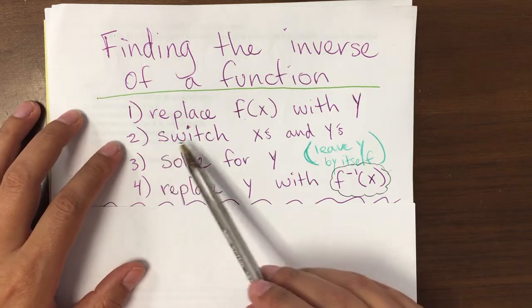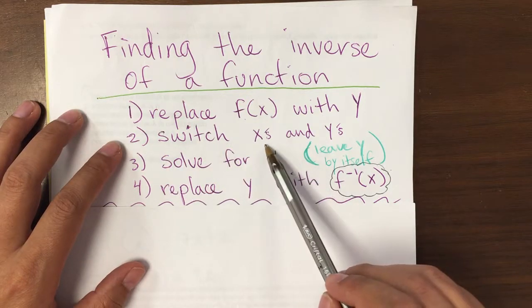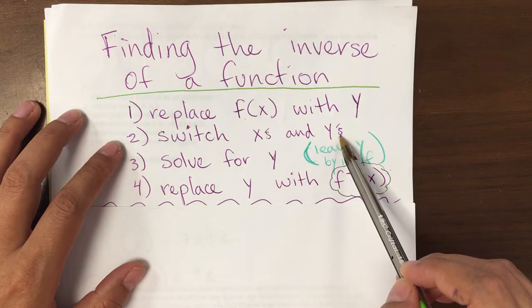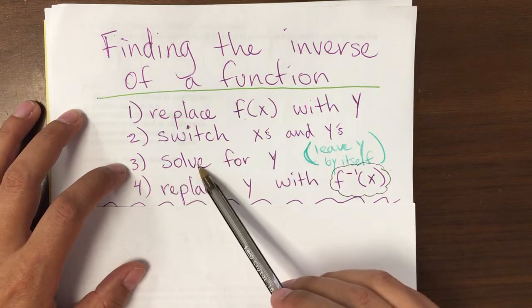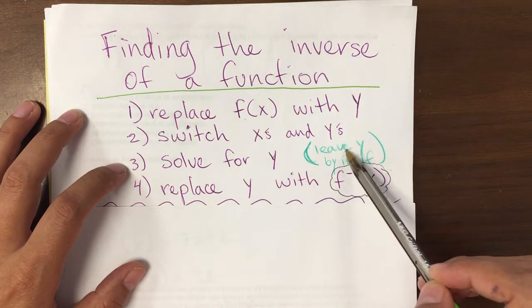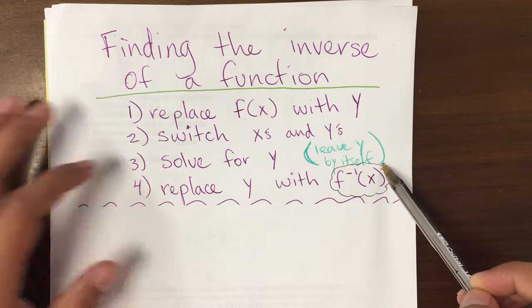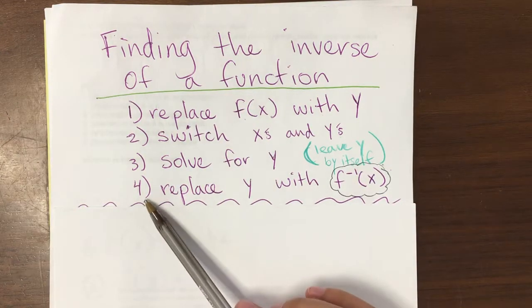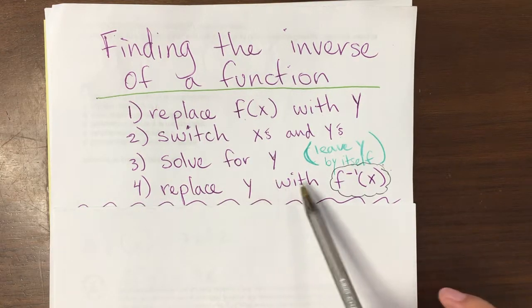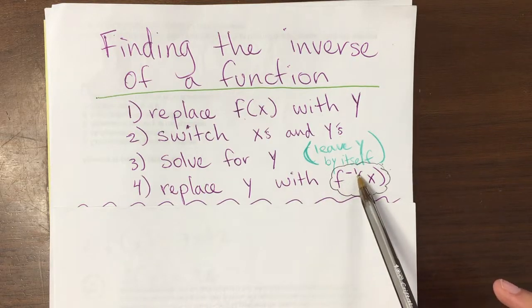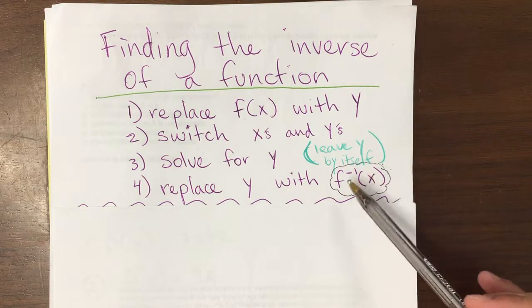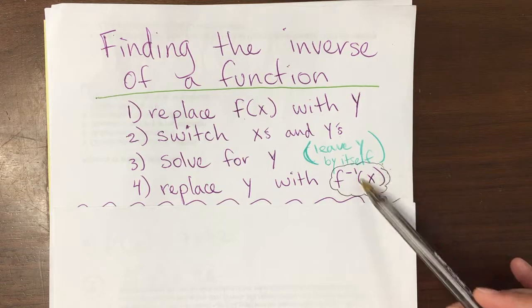The second step is to switch the x's and the y's. The third step is to solve for y, meaning leave y by itself. And number 4 is to replace y with f of negative 1 of x. This means the inverse function of x.